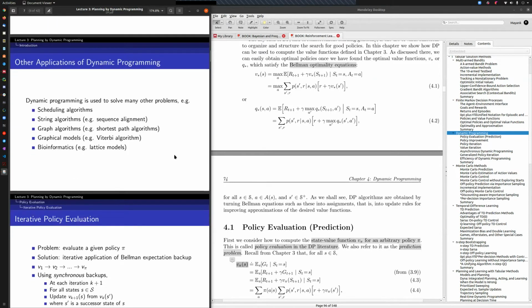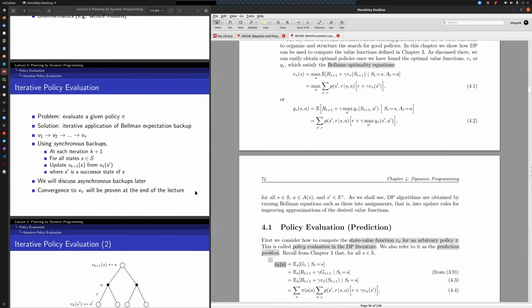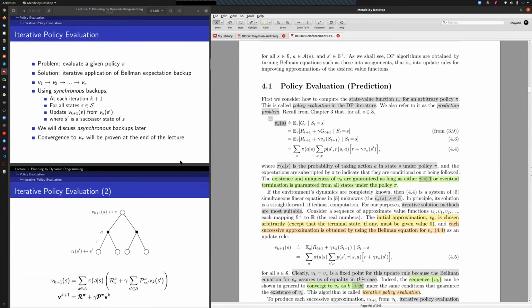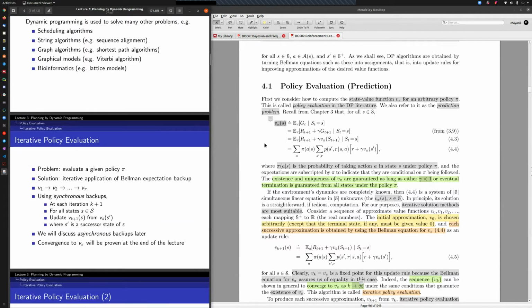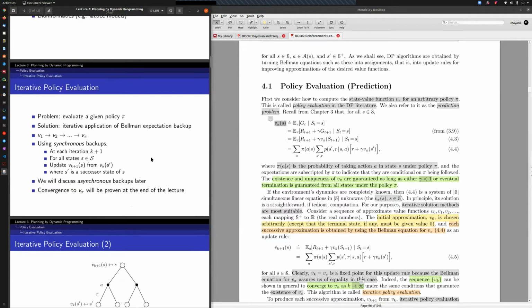Then let's take a peek at predictions. This is the iterative policy evaluation, which David has defined as the iterative application of the expectation Bellman equation.